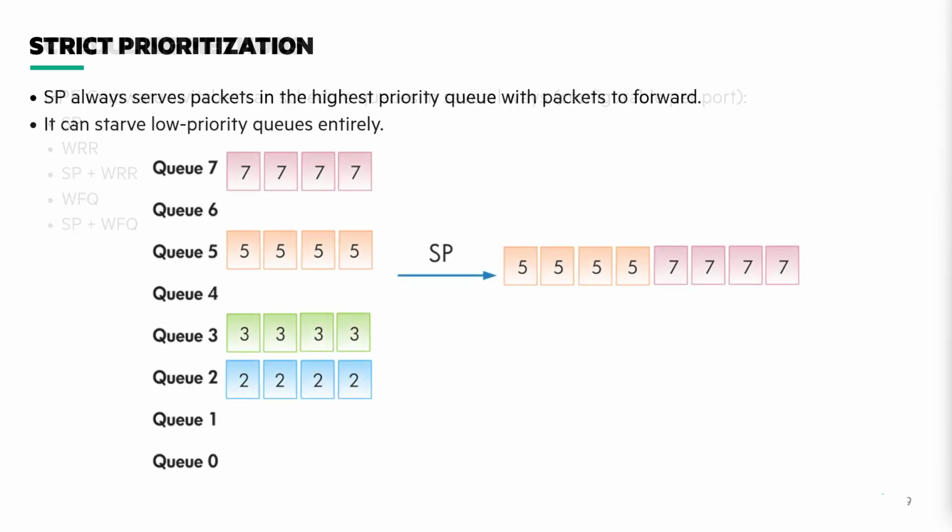So simply speaking, if you only base on strict priority, it means you have to serve every single packet from the high priority queue before you pay attention to the next queue.